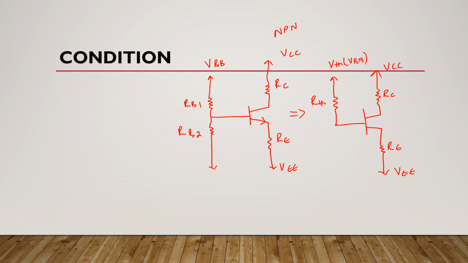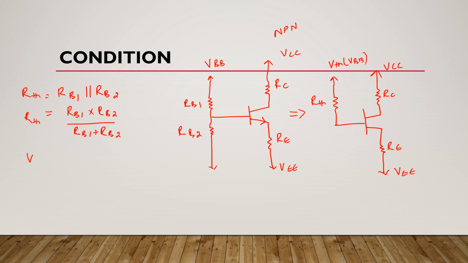So how are you going to find this RTH? As you can see, this RB1 is in parallel with RB2, so you will use this formula: RB1 into RB2 divided by RB1 plus RB2. So this is how you will find RTH.